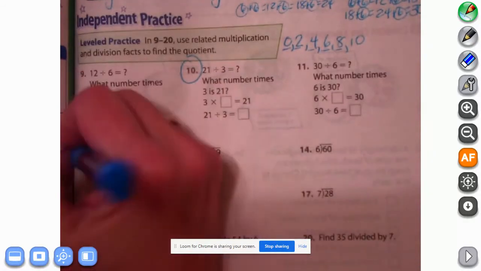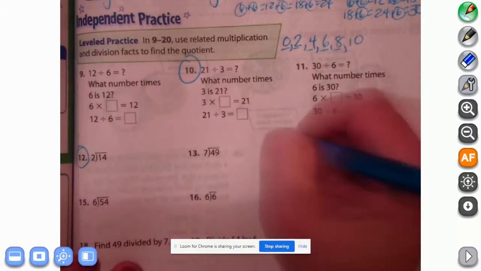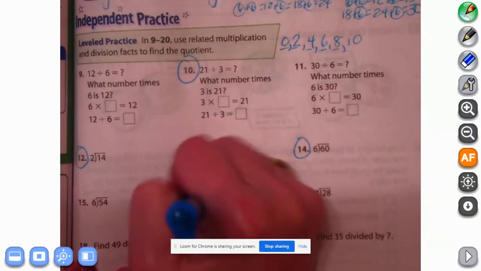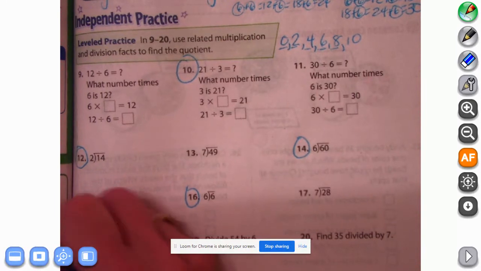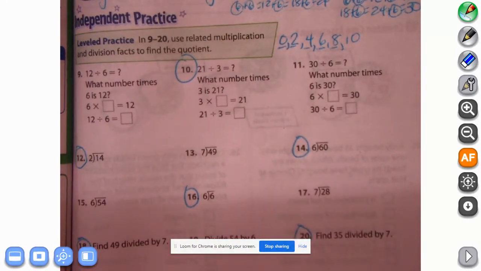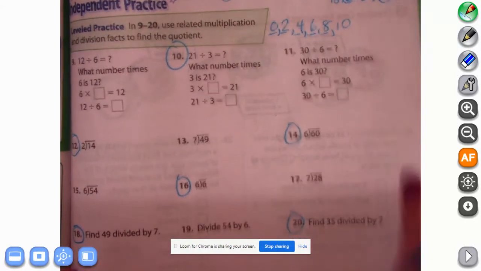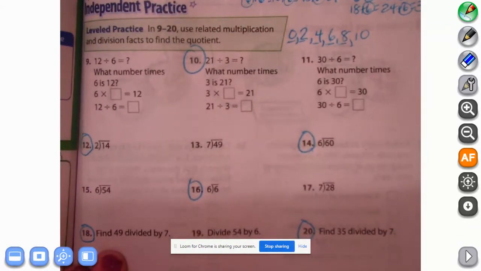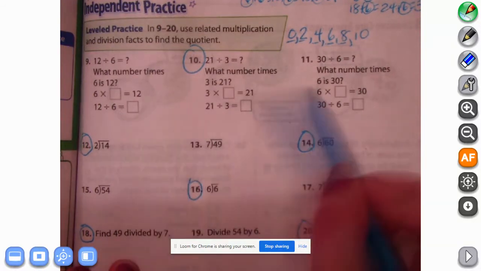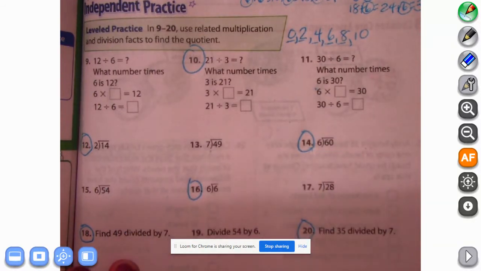Next would be 12, 14, 16, 18, 20. So you should have 1, 2, 3, 4, 5, 6 to do on this page. Way less than usual, right? I've lowered down how many we're going to do. You're certainly welcome to practice these that we aren't doing, because that would be a very good practice.